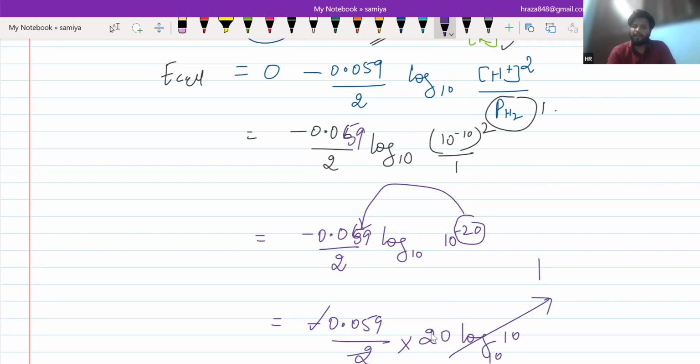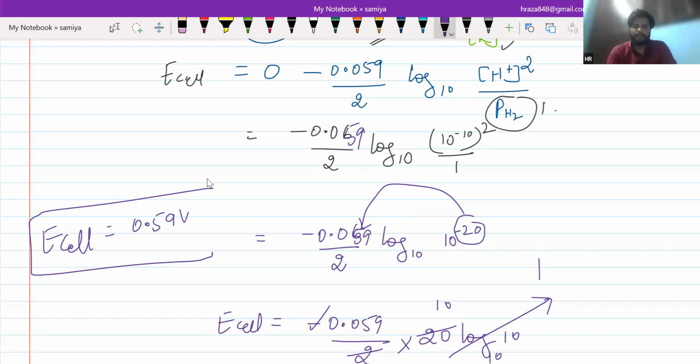So this will be cancelled by the 2, leaving 10 times E cell. Now you can easily write E cell will be equal to 0.059 into 10. That will be 0.59. Yes or no?